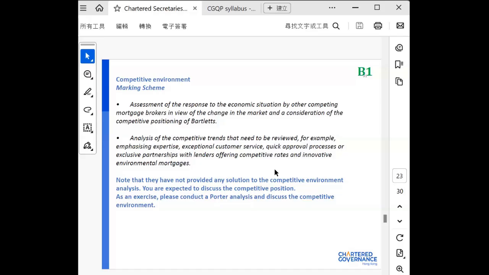Suppliers like the financial institutions will provide capital. So the bargaining power of suppliers is not clearly mentioned, so we just say that it is moderate. And then threats of substitute products.